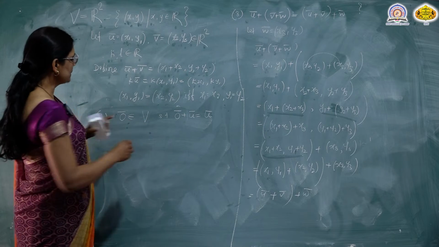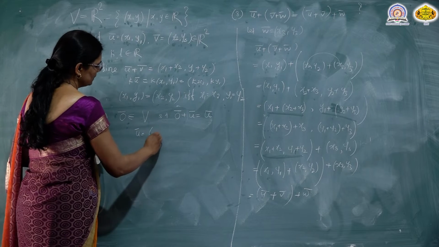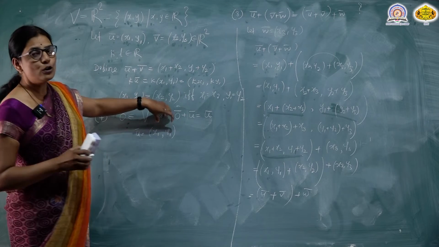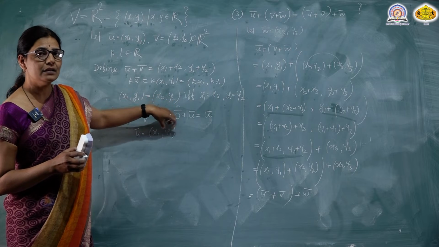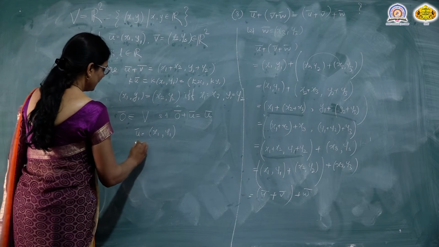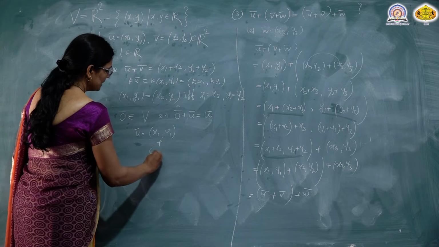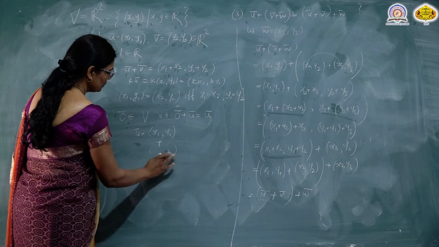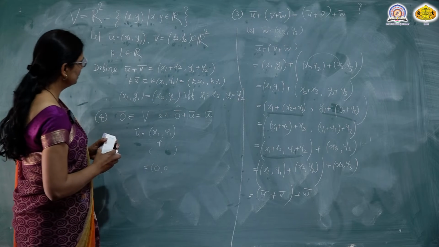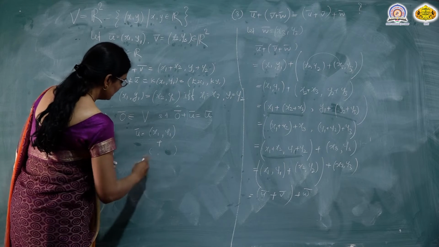So now here first I consider U bar equals x1 y1. Now think about which ordered pair we have to add here so that the output is again the same vector U bar.